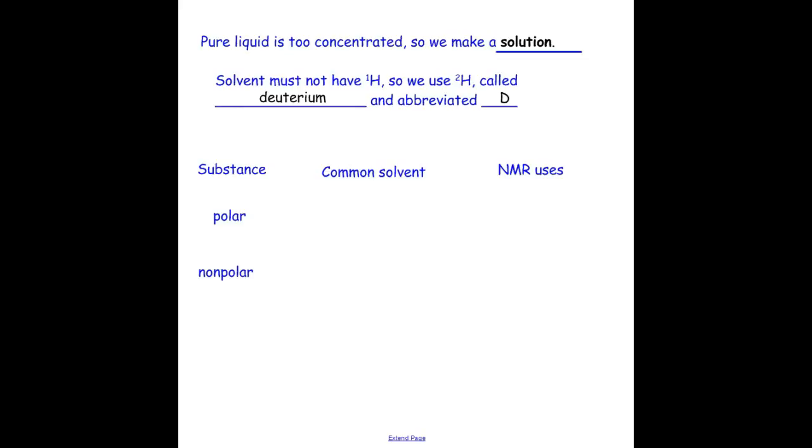When we look at NMR, pure liquids are typically too concentrated, so we're going to make a solution. For most of our solutions, if it's polar, we'll use something like water. That's our most common solvent. If it's nonpolar, our most common solvent would be chloroform, like this. It's slightly polar. But we can't use hydrogen in the solvent, because hydrogen is what the NMR detects.